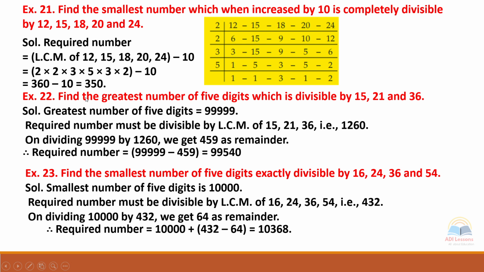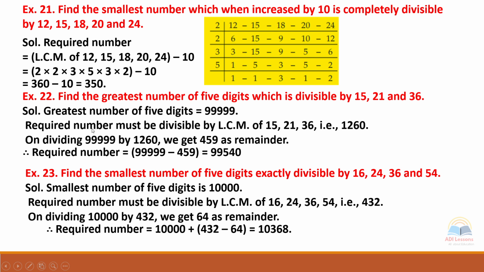Find the greatest number of 5 digits which is divisible by 15, 21 and 36. Greatest number of 5 digits is 99,999. Required number must be divisible by LCM of 15, 21, 36, that is 1260.